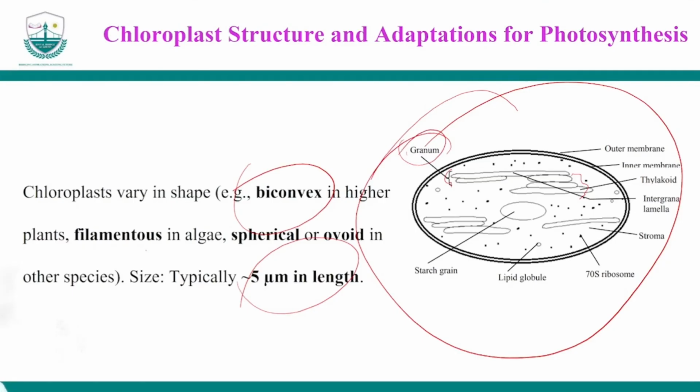So they are basically the thylakoids that are packed. So one of these is what you call the thylakoid. What connects one granum to the other is what we call the intergranular lamella. So these granum are connected to one another through the intergranular lamella.